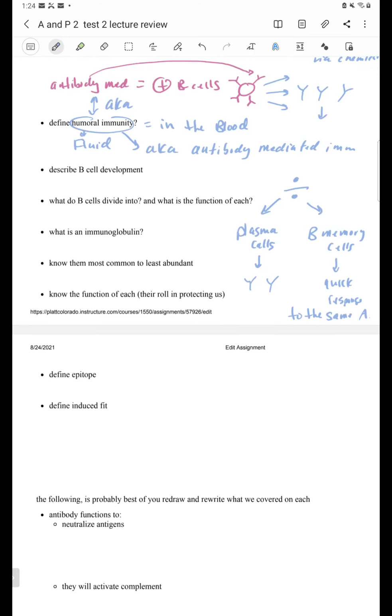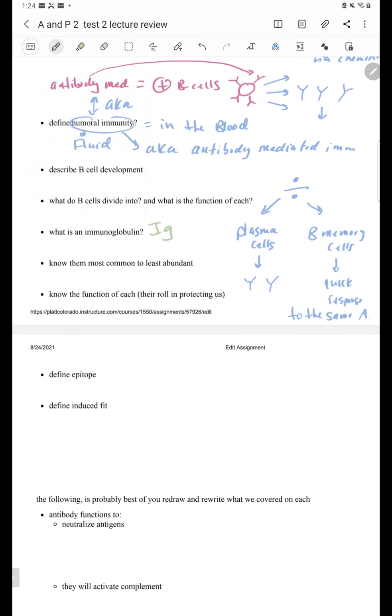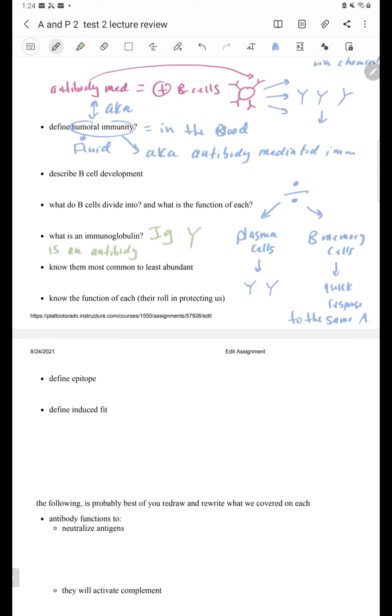Okay, an immunoglobulin, or an Ig, is an antibody or a type of antibody, right? It's a Y-shaped protein. And then we can divide those into the 5 different immunoglobulins, or the classic ones, right?